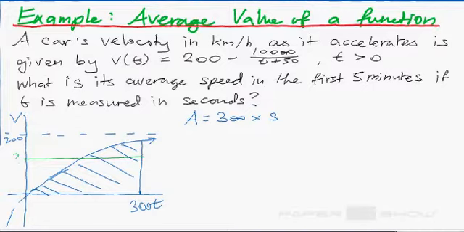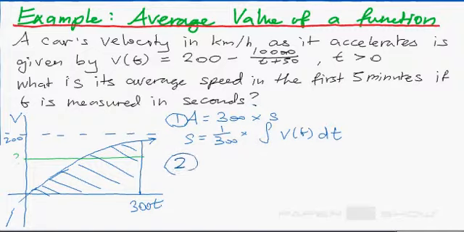But we can find that speed by saying s equals 1 on 300 times the area. And what's the area? The integral of v of t dt. So that's one way. That's not too bad, right? When we calculate that, that's going to give us the average speed.